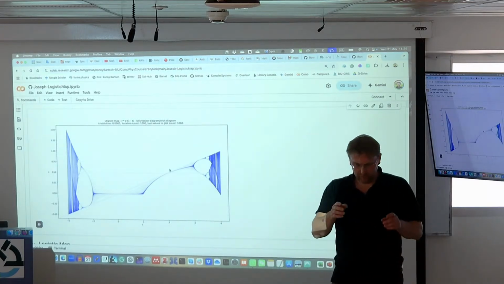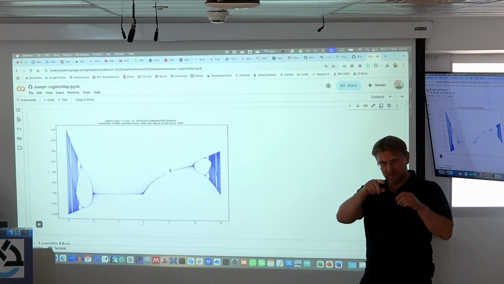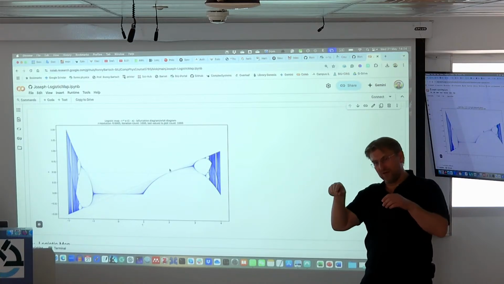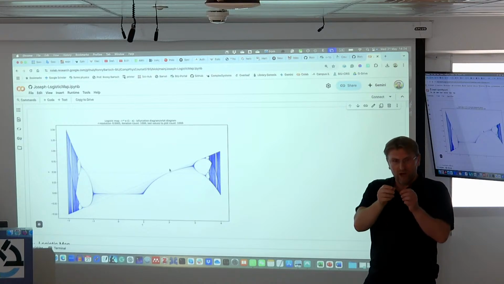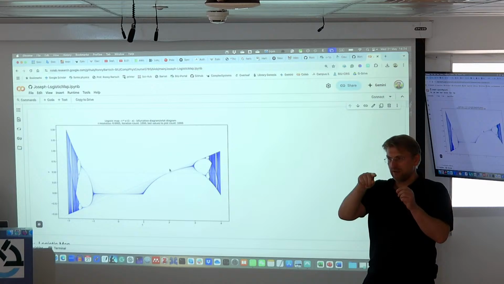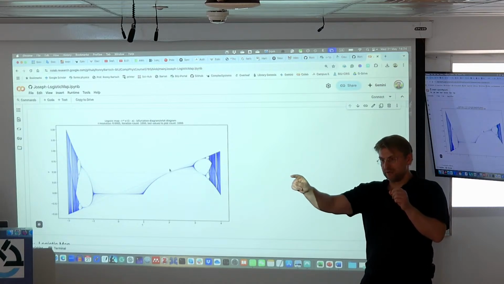So what happens now? You plug in this equation, right? x_{n+1} is equal to r x_n (1 - x_n). So you do an iteration. What you see is that for a low growth factor, you will see in the beginning some oscillating behavior, and then it stabilizes. The population stabilizes.